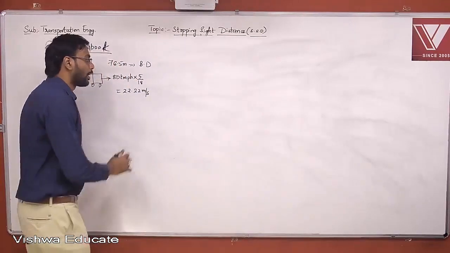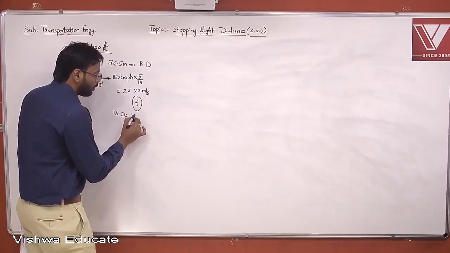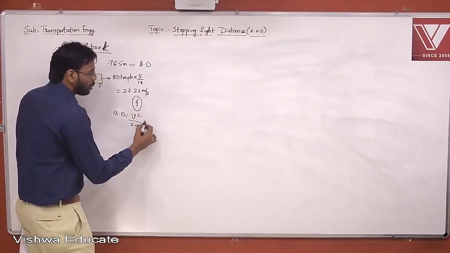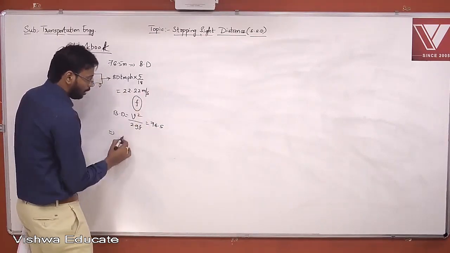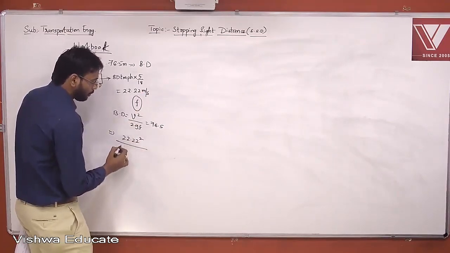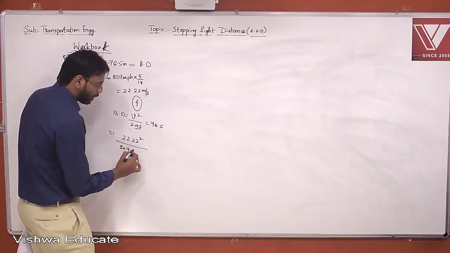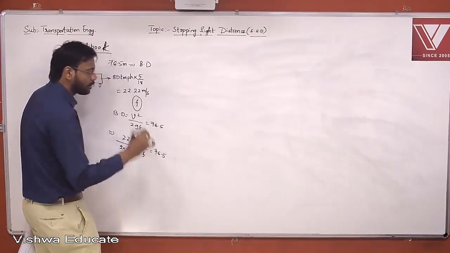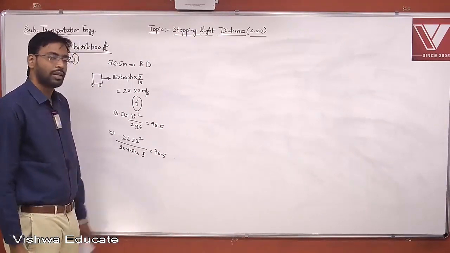So we need to calculate the coefficient of friction here. Braking distance is equal to V squared by 2gf, which is equal to 76.5 meters. V, the design speed, is given as 80 kmph, that is 22.22 meter per second. So 22.22 square by 2 into 9.81 into f is equal to 76.5 meters. So the only unknown here is f.